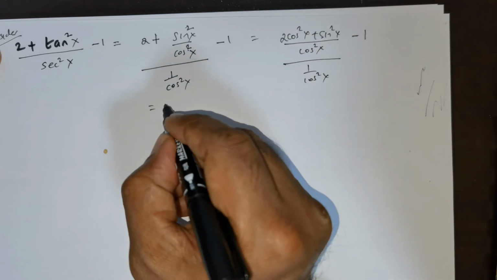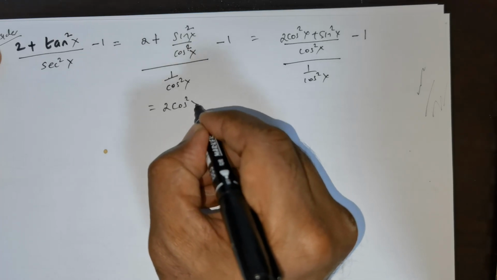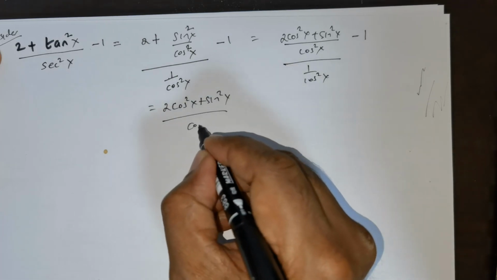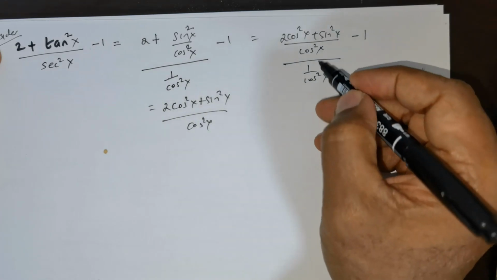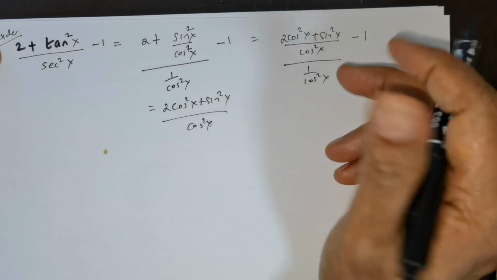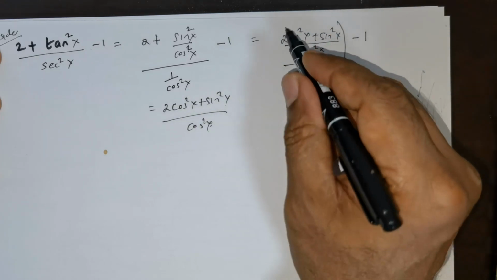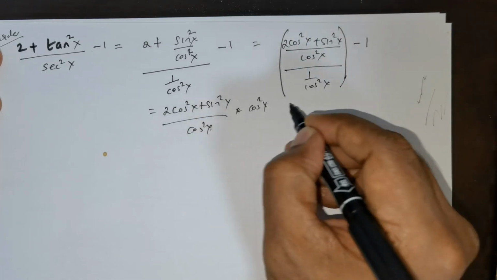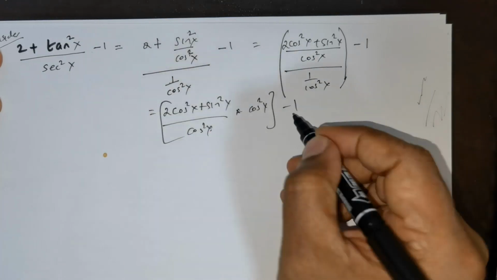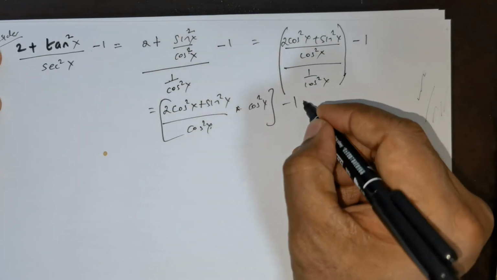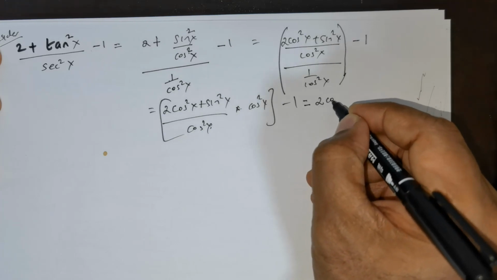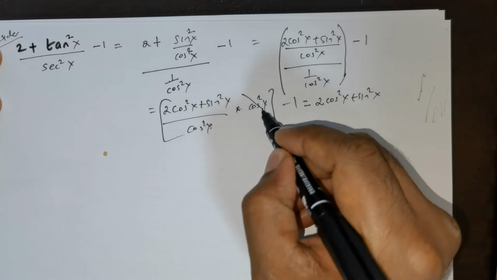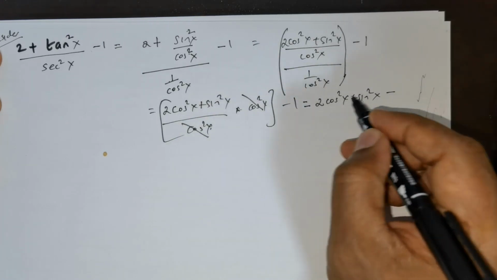This can be further rewritten as 2 times cos squared x plus sin squared x divided by, now you have cos squared x in the denominator. Now this term is actually like this, right? So if you flip it, cos squared x would be occurring here followed by a minus sign. So this is equal to 2 times cos squared x plus sine squared x. Since cos squared x gets cancelled, followed by a minus 1.